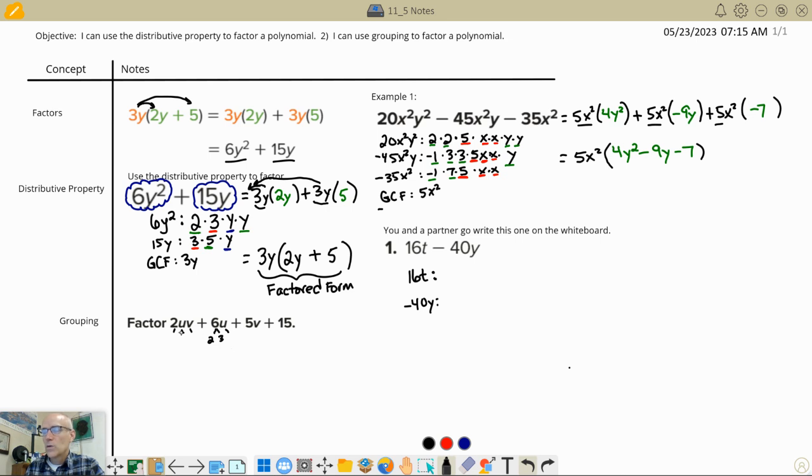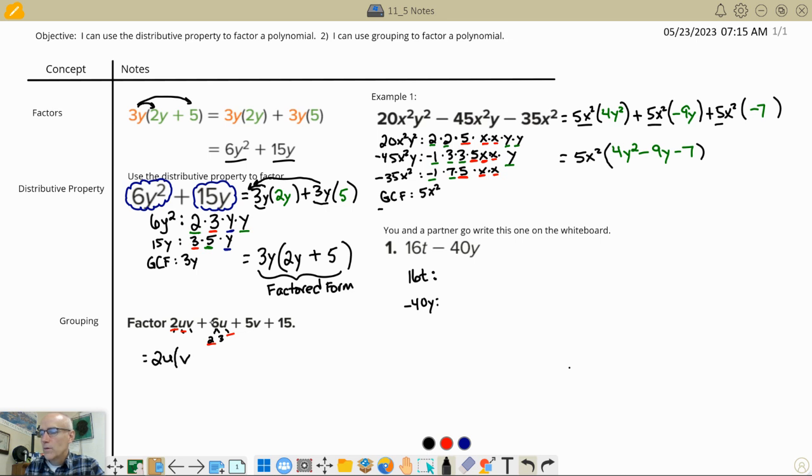Okay, so what do these two have in common? They have a 2, right? So I underlined that in red, didn't I, up above? So the 2 is in common, and the U is in common. So we've got a U factor right here in common. And what we're going to do is pull that 2U out by the distributive property. So I'm going to put down 2U times, now what would be left for this first one right here? A V, right?